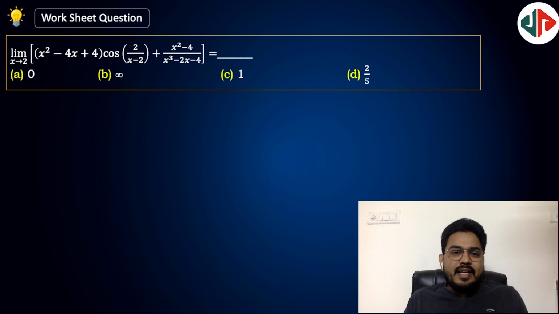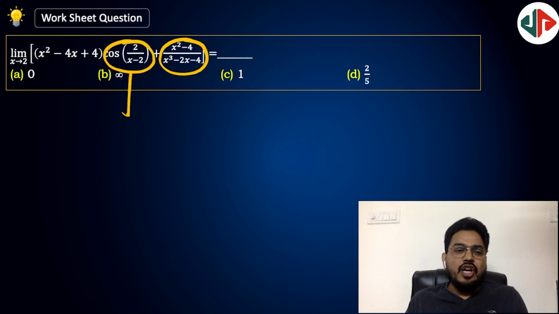Limit x tending to 2. So this is 0 by 0 form. Cos of 2 by something: this is a finite value, which always lies between minus 1 and 1. I just don't know the value.